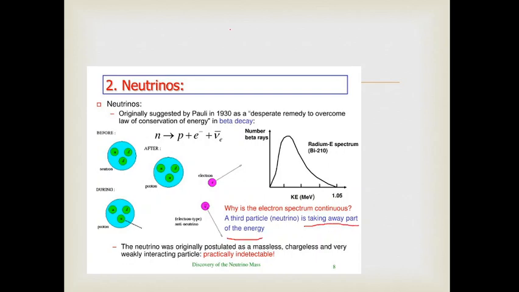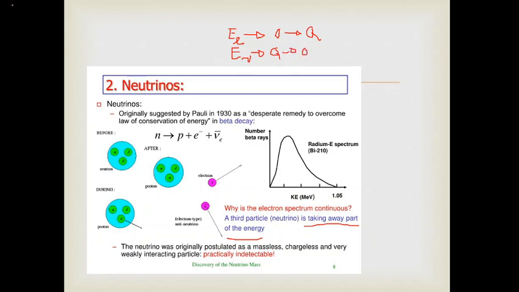So dear students, if the energy of the electron varies from 0 to Q, then opposite, the energy of the neutrino should vary from Q to 0.